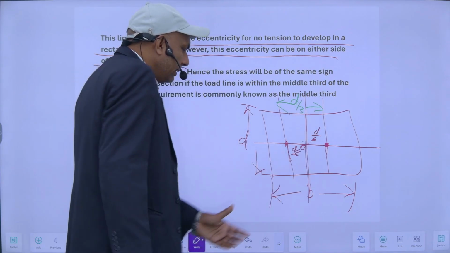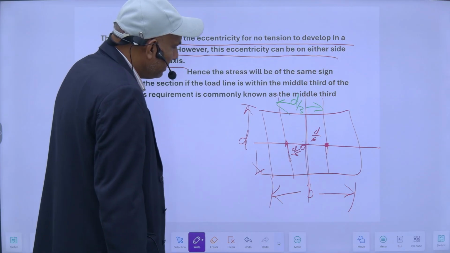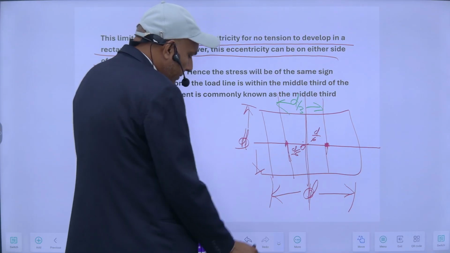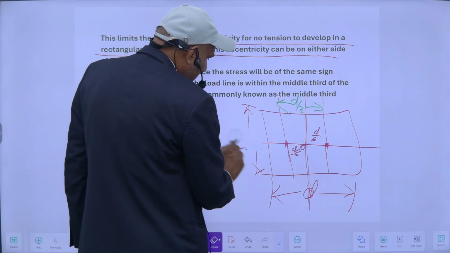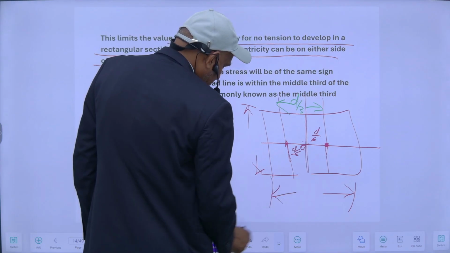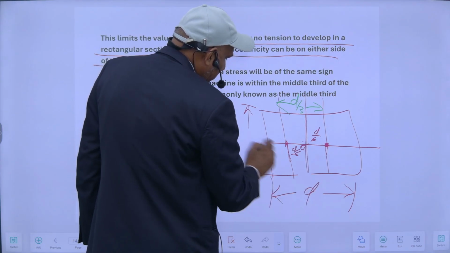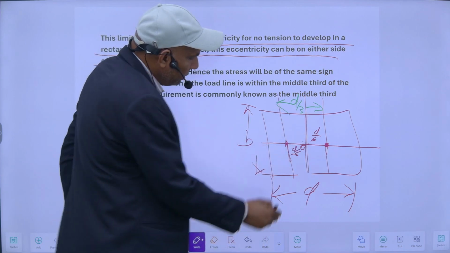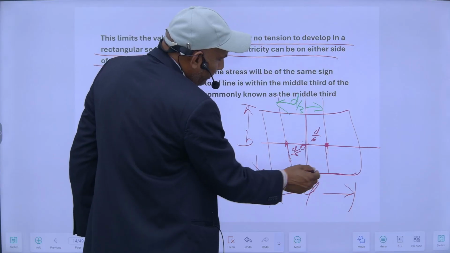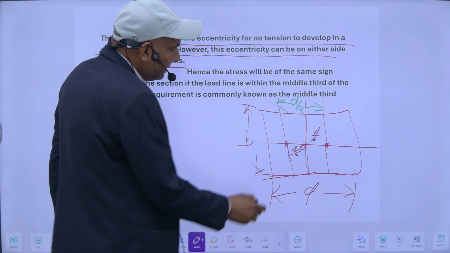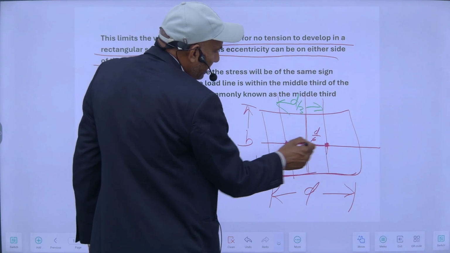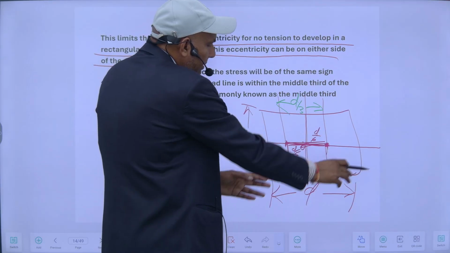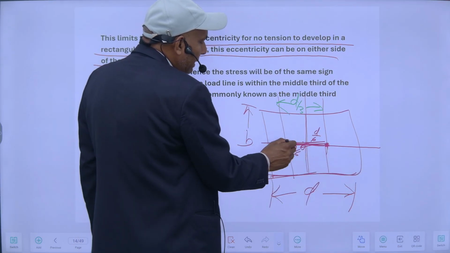So this D by 3 is 1/3 of the total length. It means my eccentricity should be within this range. D by 3 means 1/3 of this, and it is in the middle.